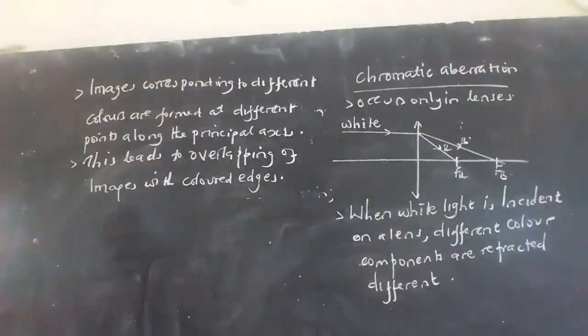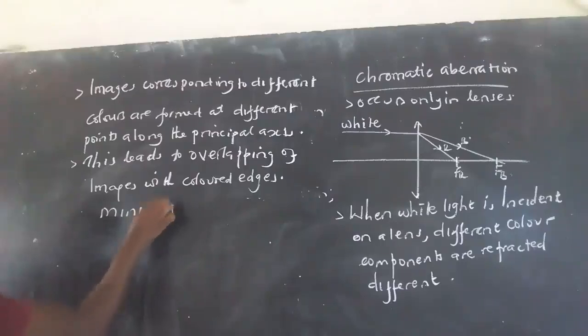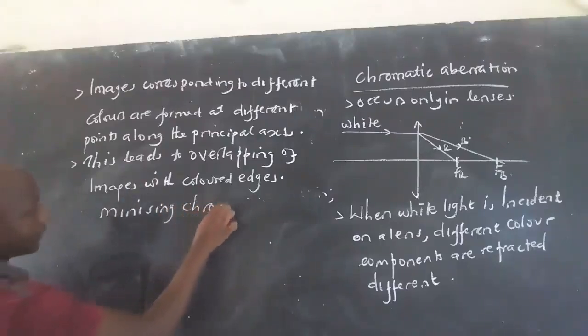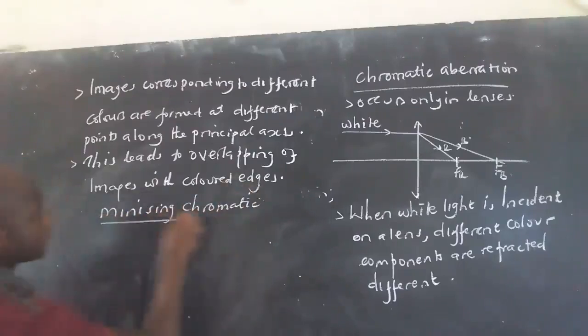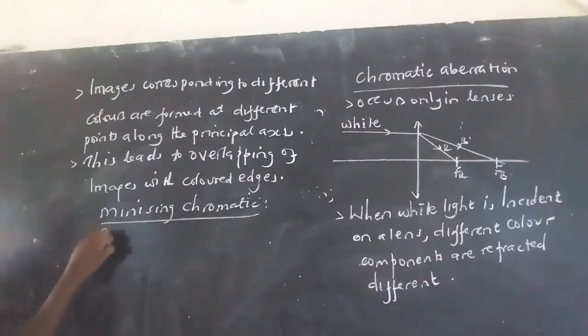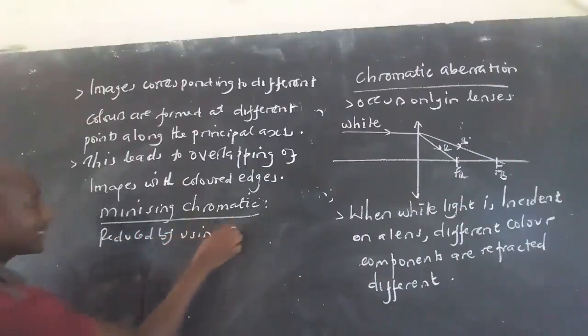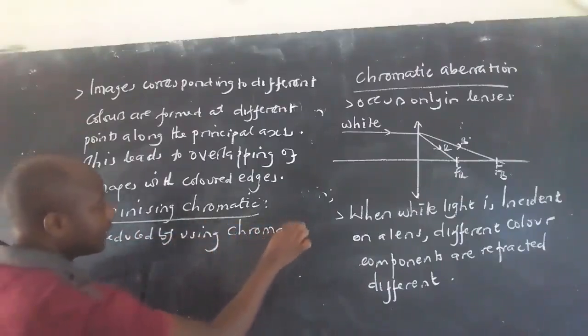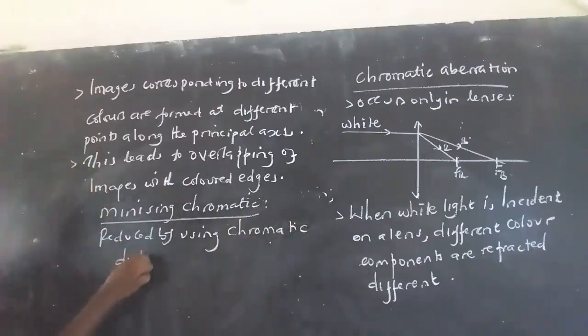Then we can go ahead and say minimizing. How is chromatic aberration minimized? We can say it is reduced by using a chromatic doublet. Chromatic doublet.